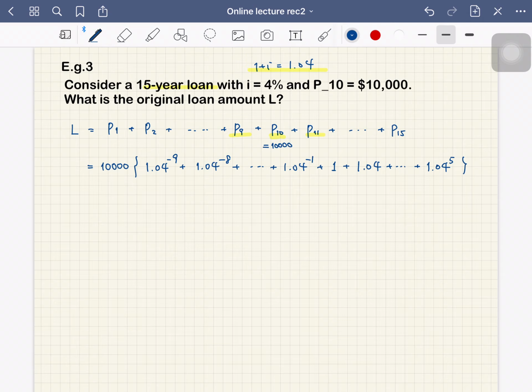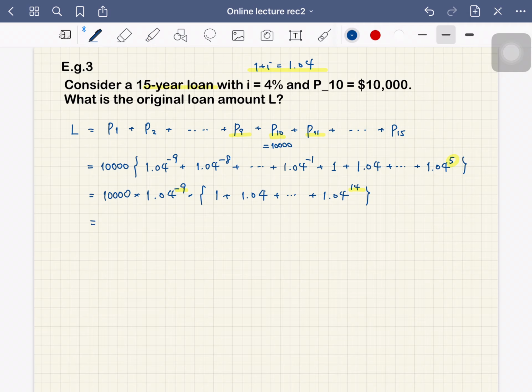So you can simplify this by 10,000 times 1.04 to the negative 9 times 1 plus 1.04 plus up to 1.04 to the 14th power. You can see that the last one is 5th power, so negative 9 plus 14 is 5.